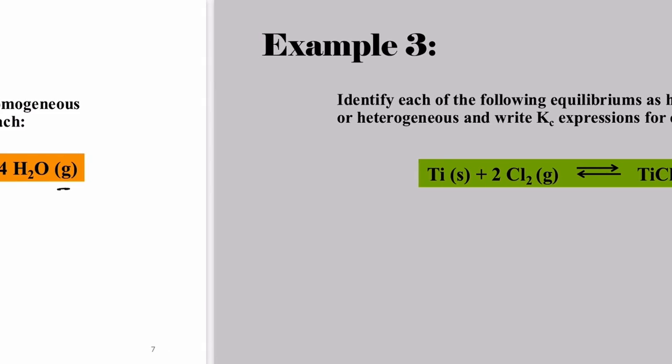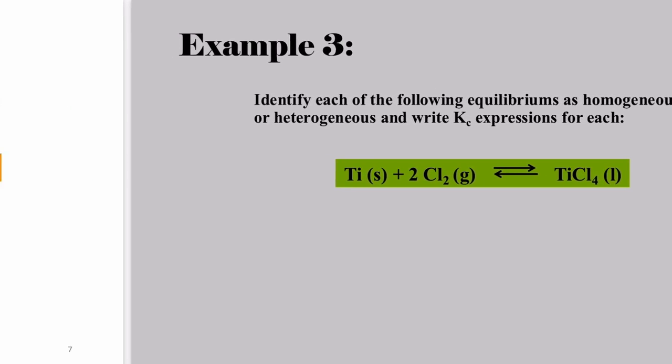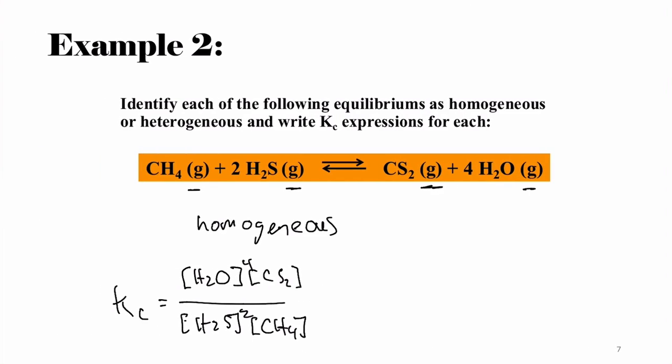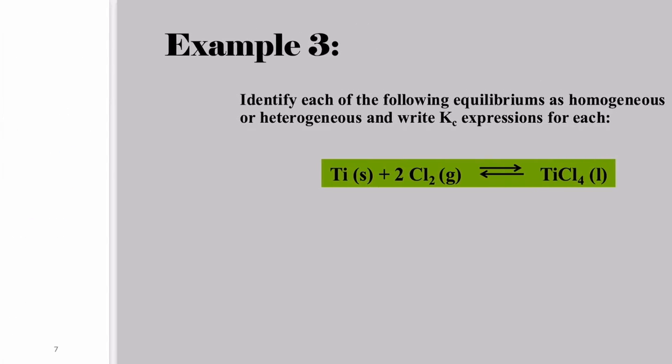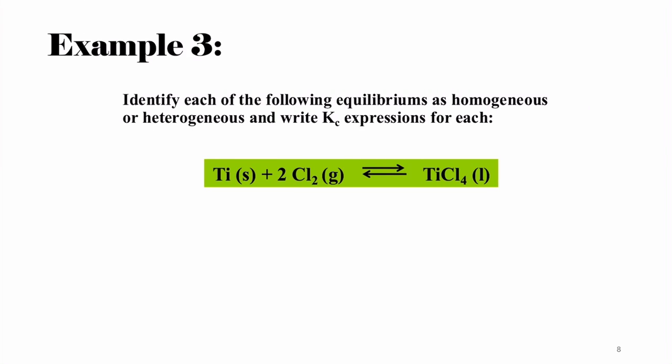And so the next example is a similar one to what we might do in lab, where we can control or influence the fact that there's only one non-liquid or solid in the reaction, like in this titanium tetrachloride synthesis.